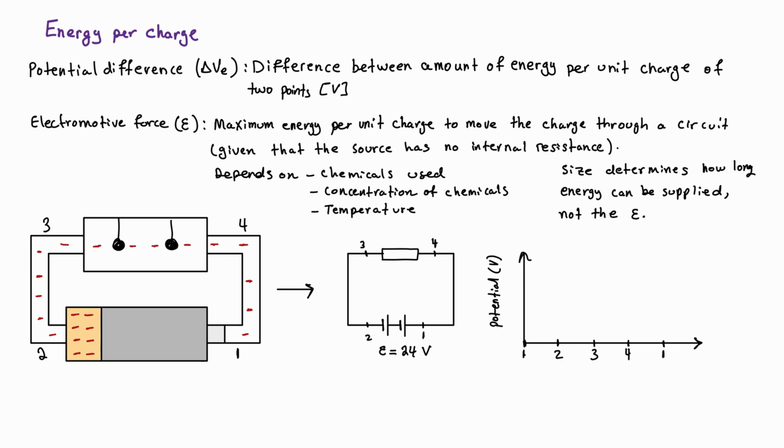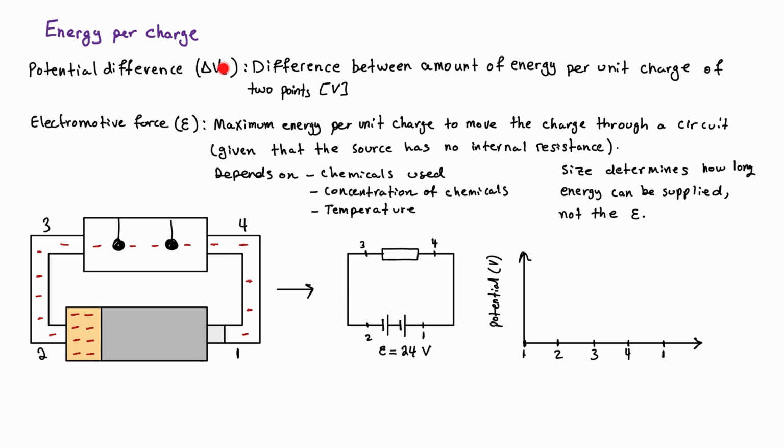We also need to talk about energy per charge, and this one is a little bit complicated and abstract, but it takes a little bit of time to really understand. So potential difference, typically shown with delta, delta meaning difference. V is typically a letter we use for potential, and E here is showing electric potential.